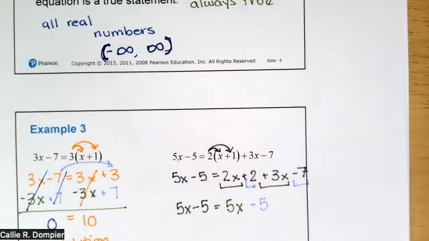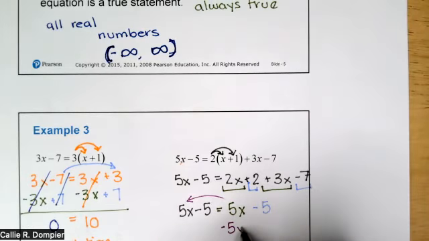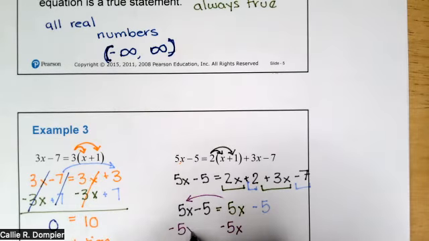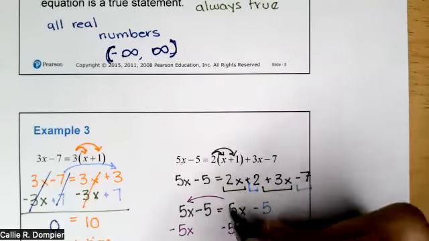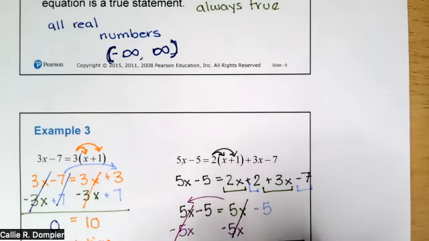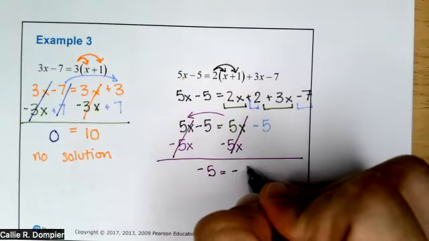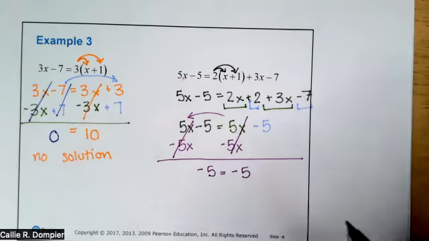Or you can keep going, right? I want to move my x's over here. So I'm going to subtract 5x, subtract 5x. Negative 5 equals negative 5. That is always true.